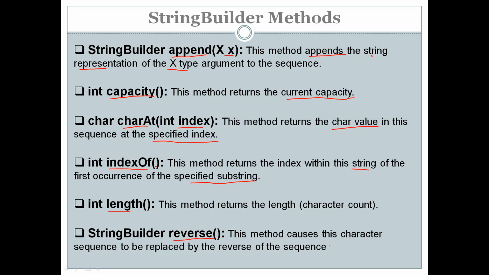So we can reverse the complete string's characters by using the reverse method. These are some important methods of the StringBuilder class. There are many other methods available, but we are discussing only some important ones here.